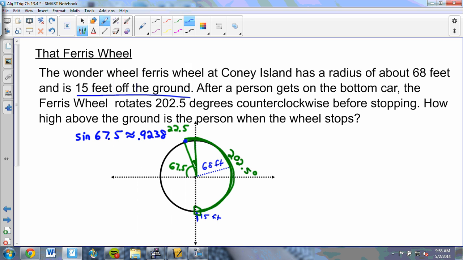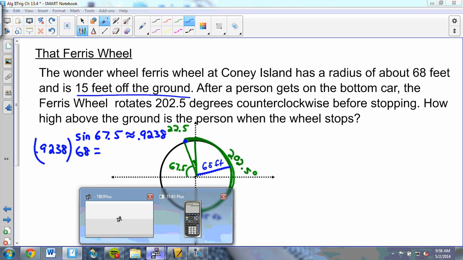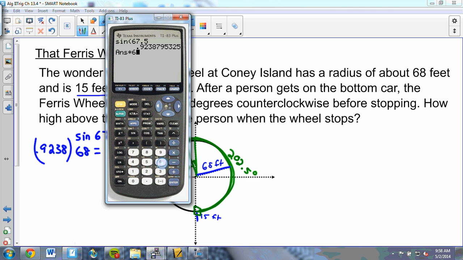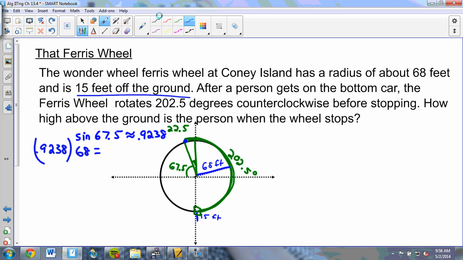Well, that 0.9238 would be if I was on the unit circle. But I'm not on the unit circle because this radius is 68 instead of 1. So I take that 0.9238 and multiply it by 68. And I get 62.8 feet.